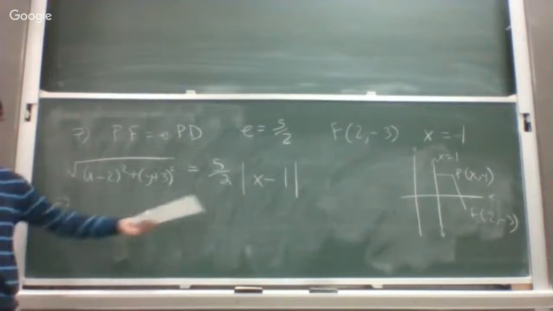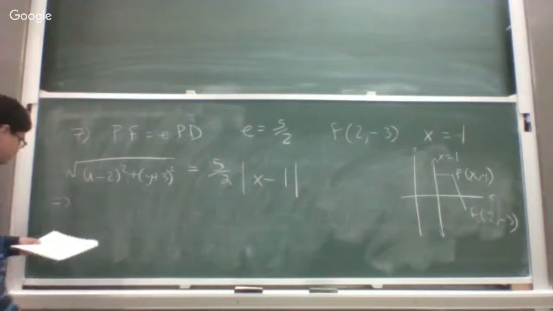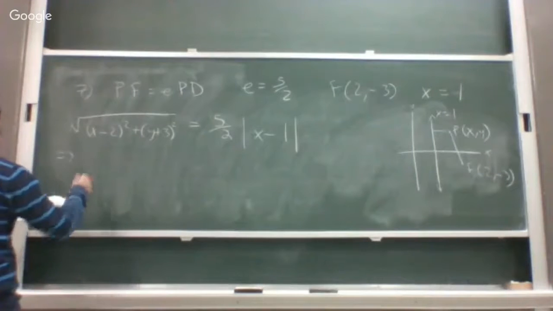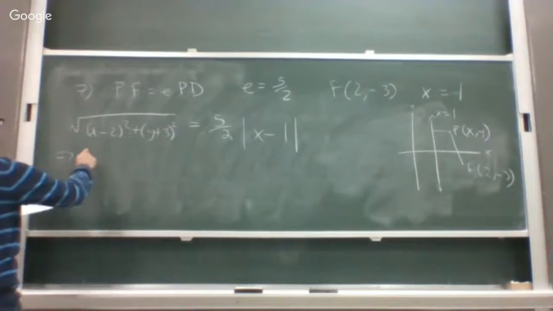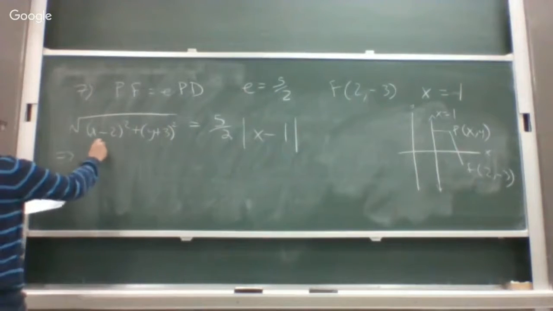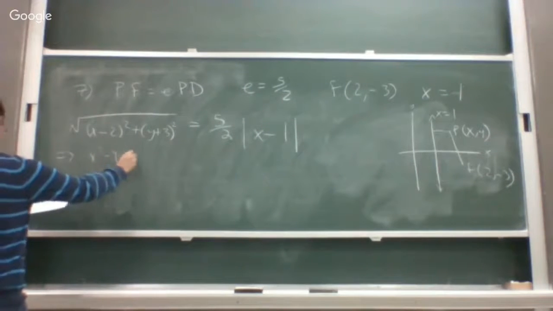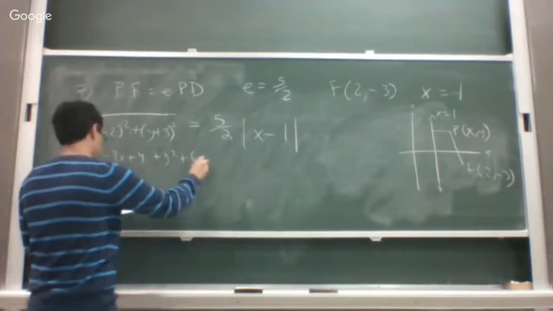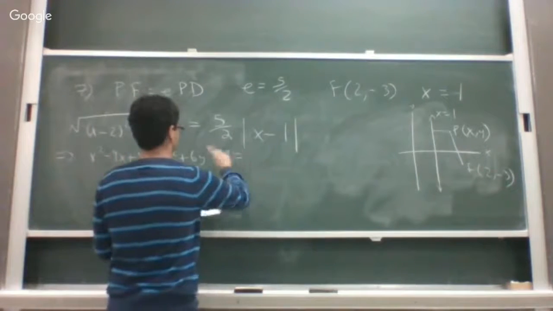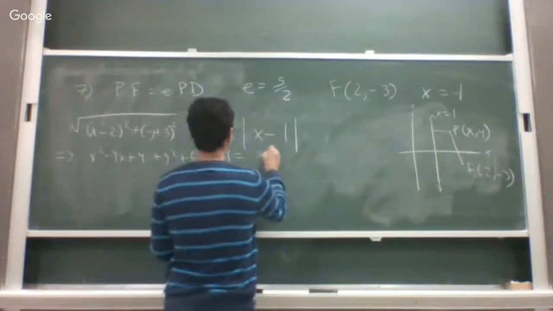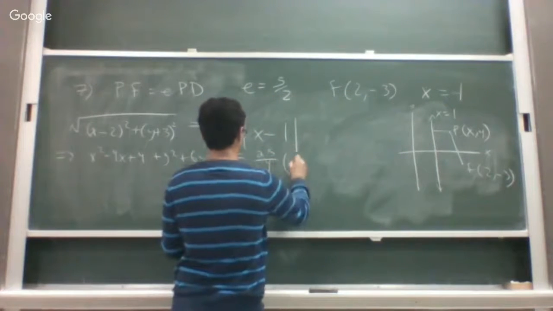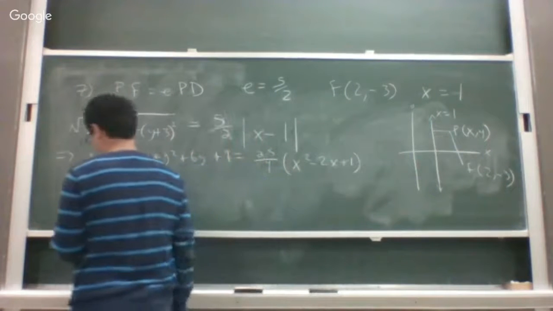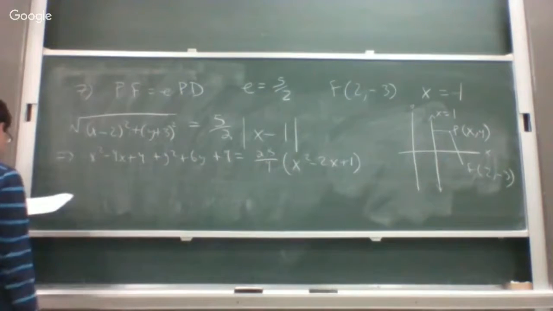And if you can write this, it's just essentially simplifying. We square both sides and then expand the inside, so we have x squared minus 4x plus 4 plus y squared plus 6y plus 9. We square the right side, so we have 25 over 4 times (x squared minus 2x plus 1). And then you simplify.